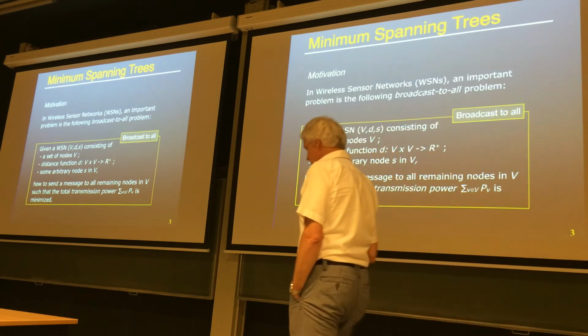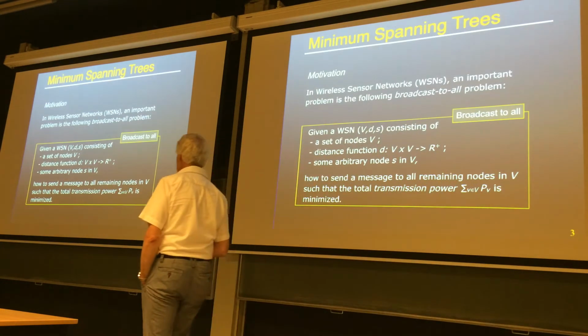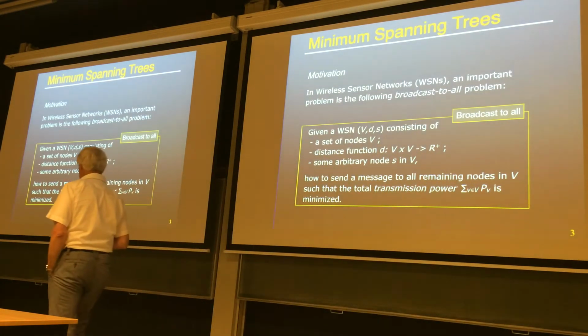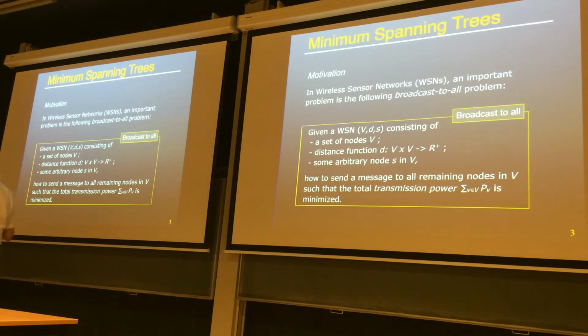You have to send from a given node, the sensor node S, the source, to all other nodes a certain message in such a way that energy is minimized. And you would like to use as little power as you can. So the total transmission power in sending to all these other nodes should be minimized.